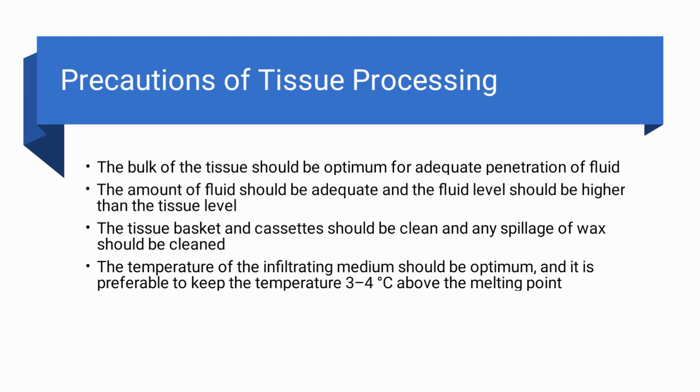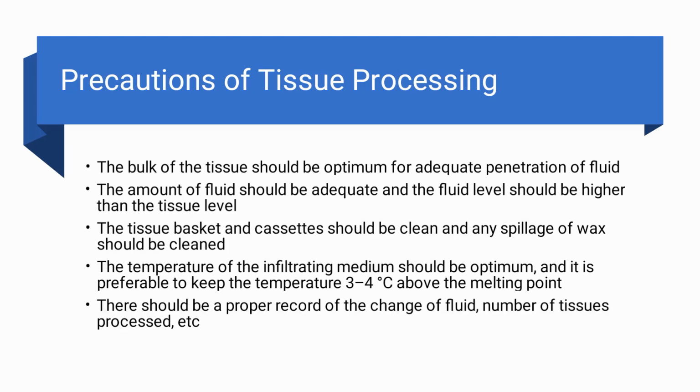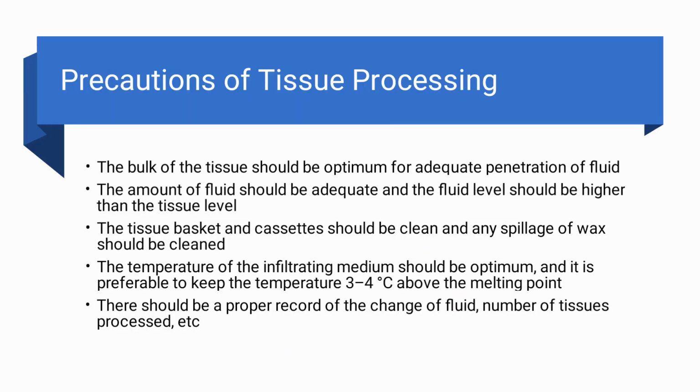The temperature of the impregnating medium should be optimum, and it is preferable to keep the temperature slightly above the melting point. For example, if the melting point is 60 degrees, it is kept at 63, 64 or 65 degrees. A stock record should be maintained for the change of the fluid, the number of tissues processed, and the time of tissue processing for any specific kind of tissue. All these should be recorded in a specific record register.